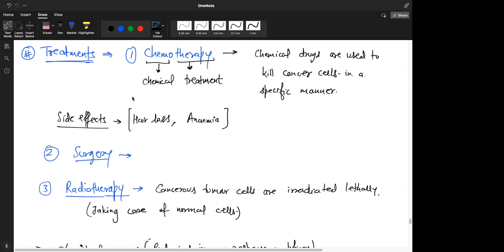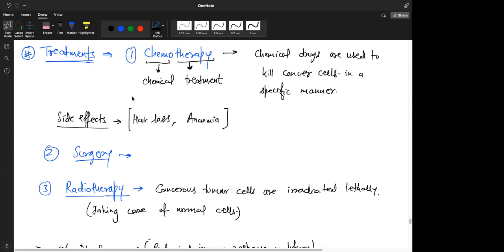Then in radiotherapy, cancerous tumor cells are radiated locally, taking care of normal cells. It is noticed that cancer tumors can avoid detection and destruction by the immune system. Hence patients are given alpha interferons. It is a biological response modifier. It activates the immune system to detect and destroy cancer.